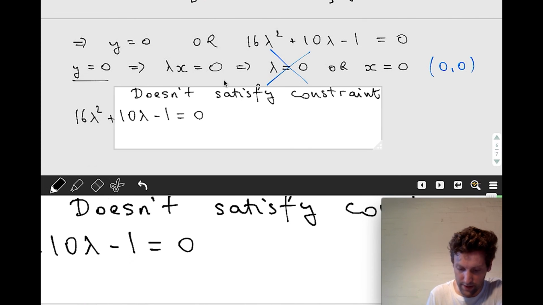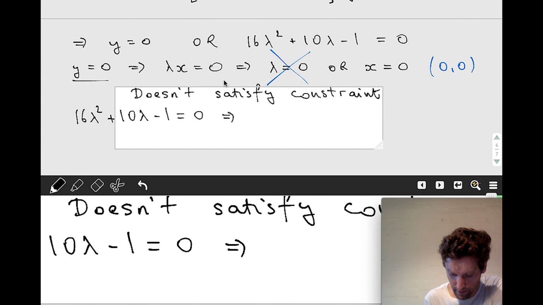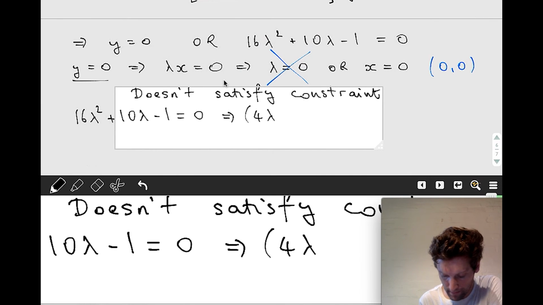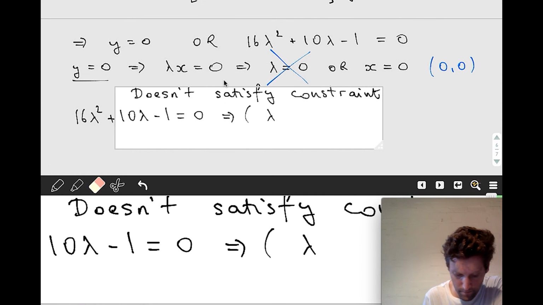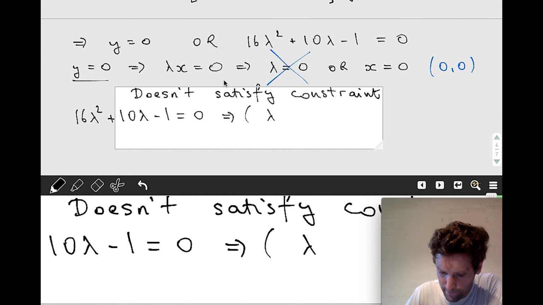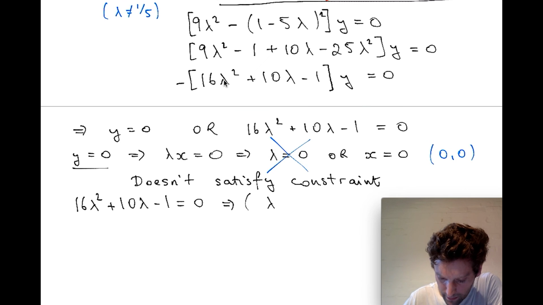So we can factorize that. That gives us factors of 4 lambda. There's a slight error here somewhere.